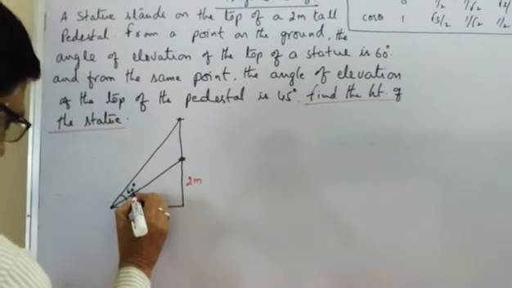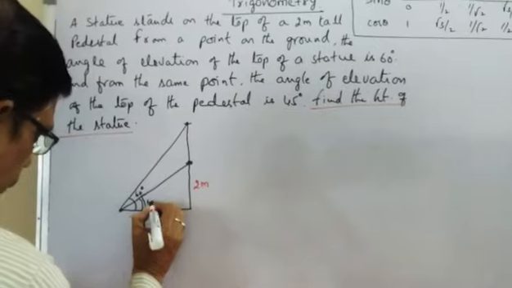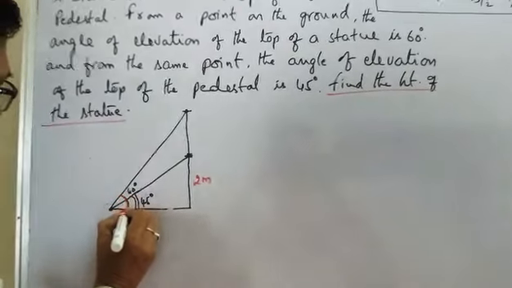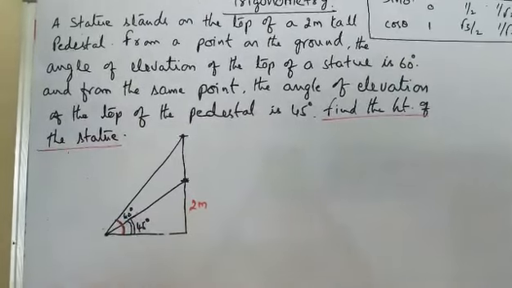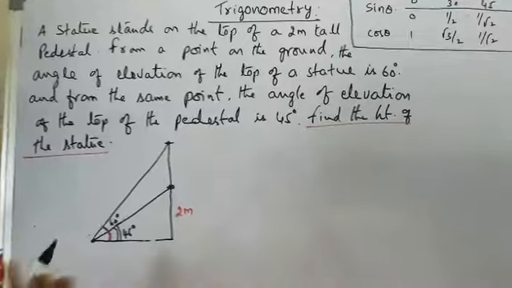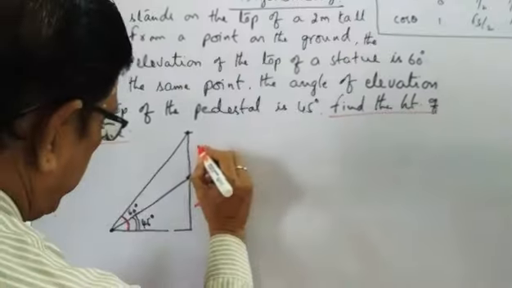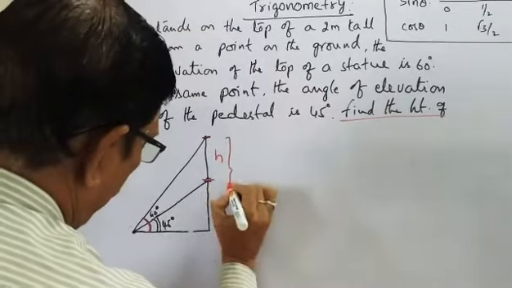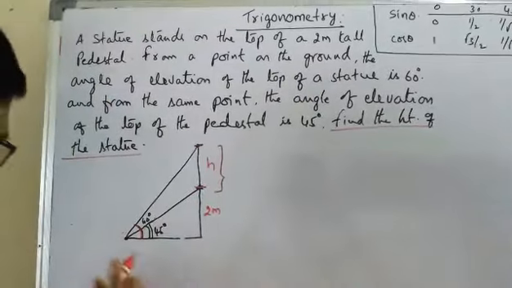That is, this will be 45 degrees, and this is 60 degrees. He is asking to find the height of the statue. Let us take this as h, from this point to this point. He is asking what is the height.